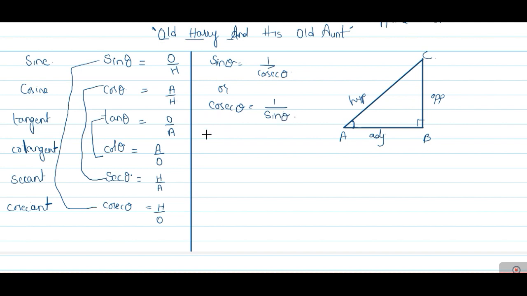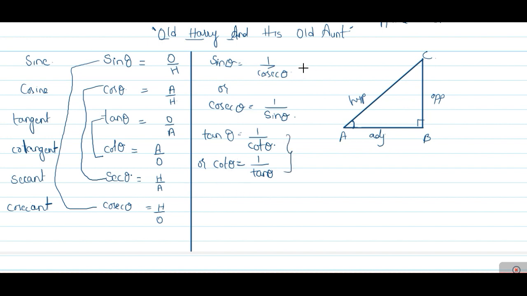Similarly, tan and cot are multiplicative inverses. So tan theta can be written as 1 by cot theta, or this cot theta can be written as 1 by tan theta, 1 upon tan theta.